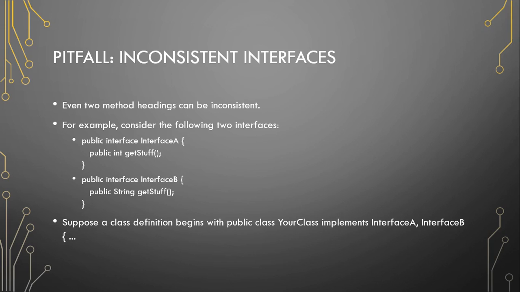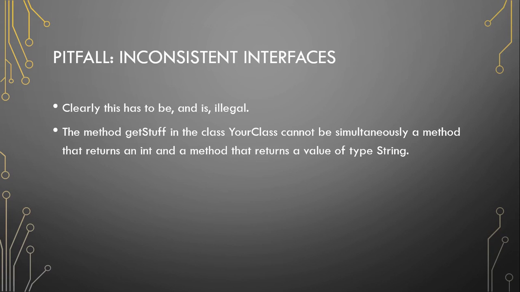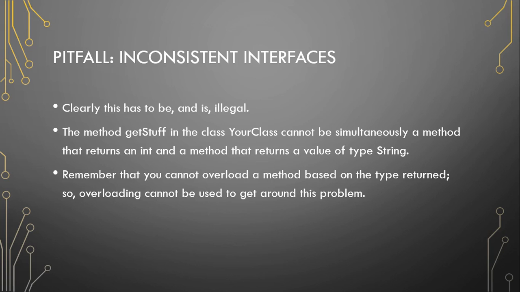If we look at a definition that says public class YourClass implements A, B, again we're looking at something illegal. The method getStuff in YourClass cannot simultaneously be a method that returns an int and a method that returns a value of type String. It's not going to work. Remember that you can't overload a method based upon the type returned, so overloading won't work to get around this problem.